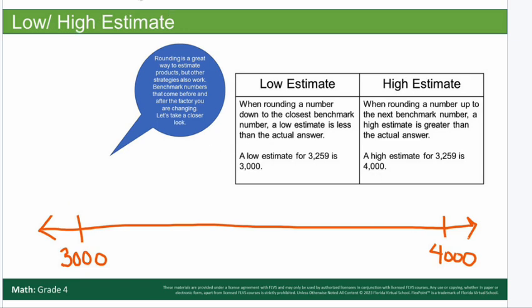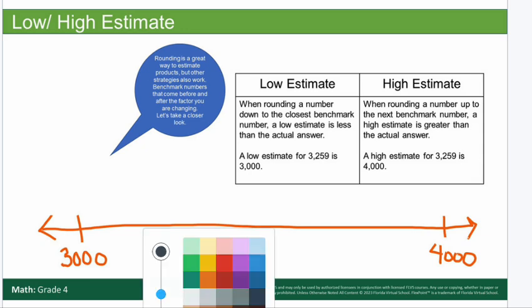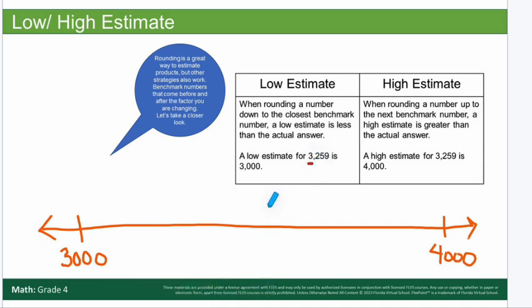Let's take a look at maybe doing some estimating, because estimating can help us as well. So when we round a number down, we go to sometimes a benchmark number. So here's a number line. This is showing 3,000 to 4,000. So my number, 3,259, if I was rounding to the thousands place value, a low estimate for that number, so that would be like right here, a low estimate for it would be about 3,000.